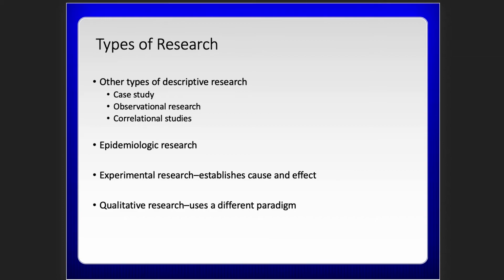And the last one here, we've got the qualitative research, and this uses a different paradigm. So with qualitative, we're basically using words. Essentially, we can start to use some numbers. There's some people that are really good at qualitative research. I haven't dived into it a lot. I didn't do any qualitative research.